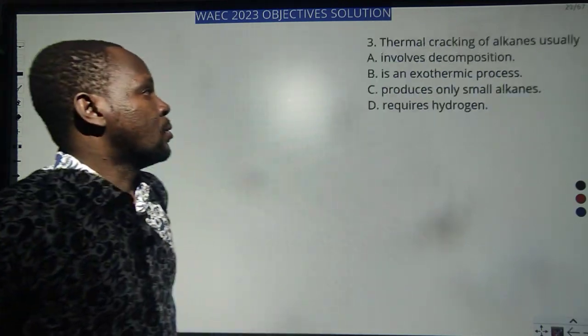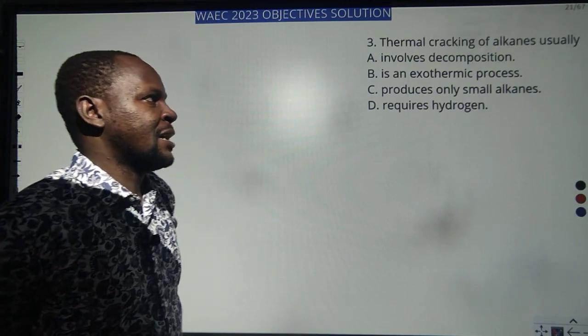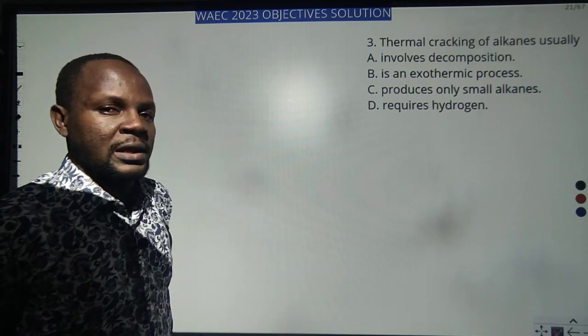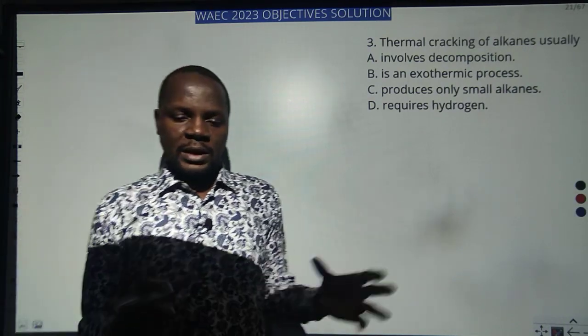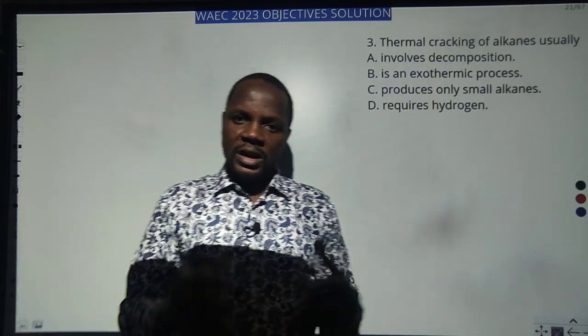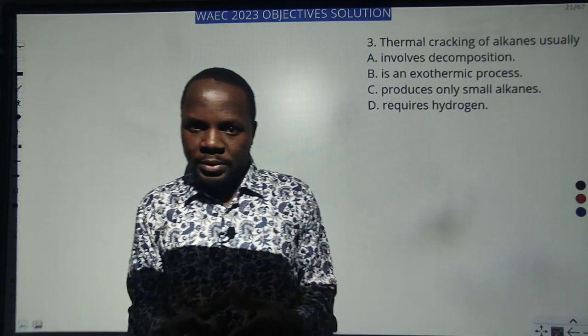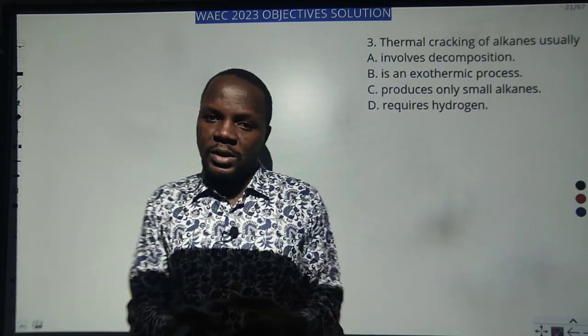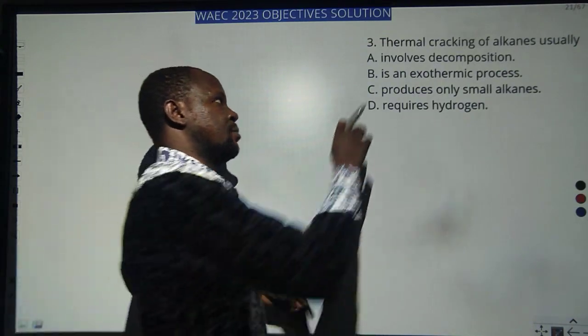The next question says thermal cracking of alkanes. Now, cracking in chemistry is defined as the breaking down of higher organic compounds into their simpler forms by heating or by the use of a catalyst. Heating means thermal.